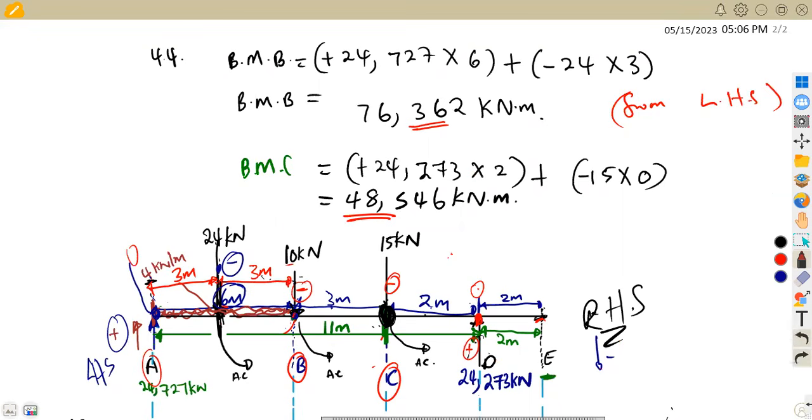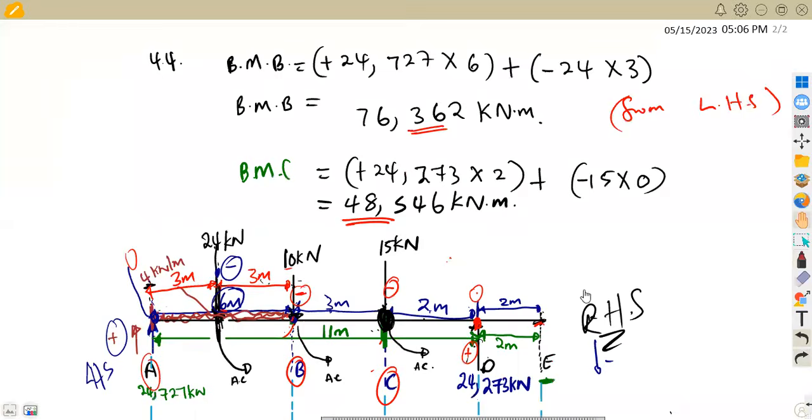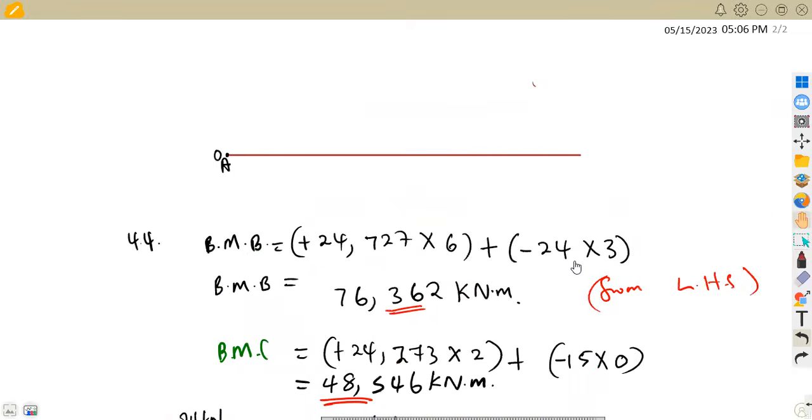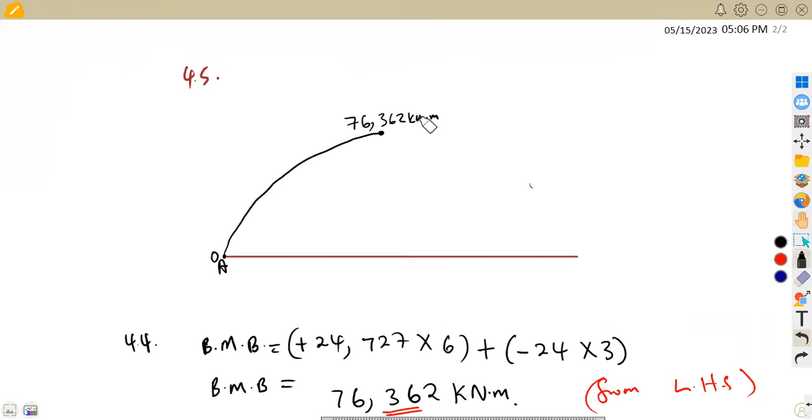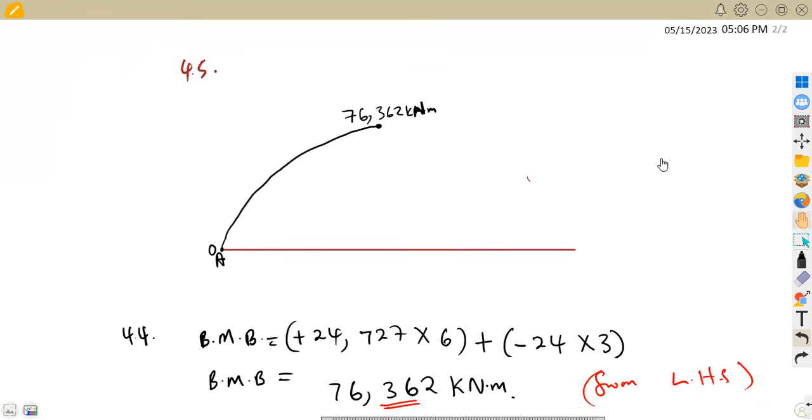So you're going to represent a curve from A up to B. Let's say this is where we have our B, which is at 76,362 kilonewton meter. That's kilonewton meter, not kilometer.